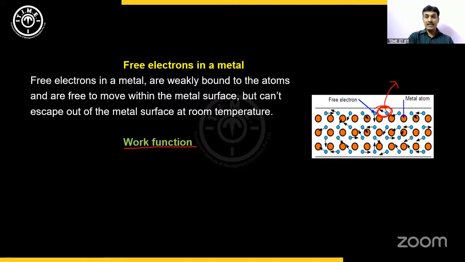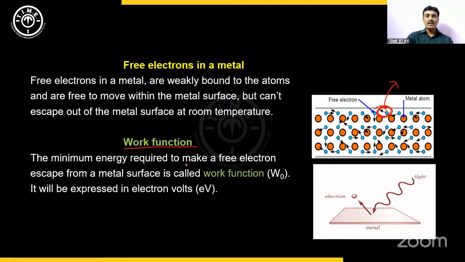Work function is the minimum energy required to release an electron. This energy is very small, so usually it is expressed in terms of electron volt. The minimum energy required to make a free electron escape from the metal surface is known as the work function, denoted by W naught, or sometimes expressed as phi. Phi represents the work function and its unit is electron volt.